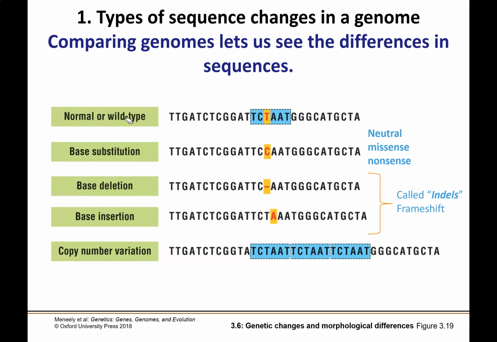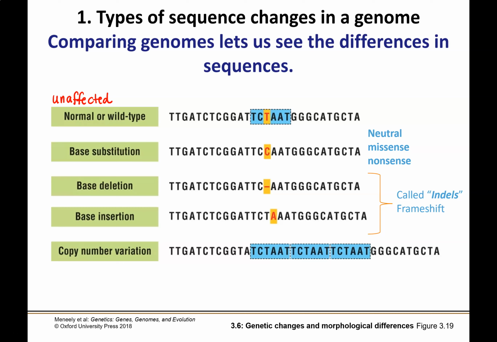So wild type just means sort of the most common sequence or most common genotype or phenotype in a population. These are also sometimes called unaffected sequences, and they don't necessarily mean bad. That doesn't mean that the non-wild type, the non-normal, the affected are negative. It just simply means that we have different versions.